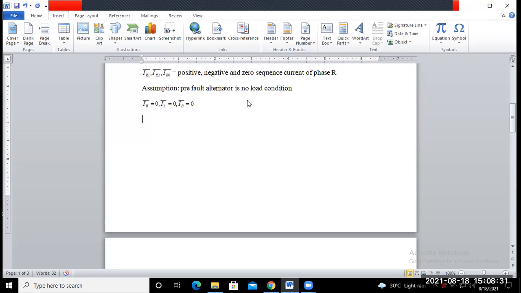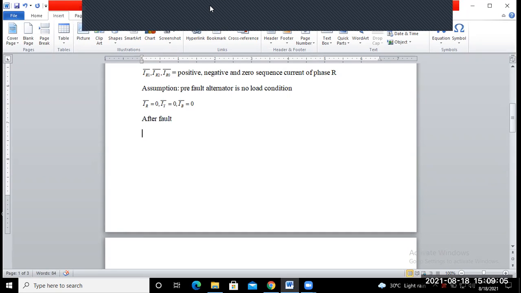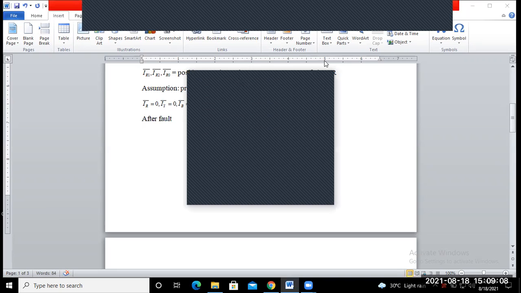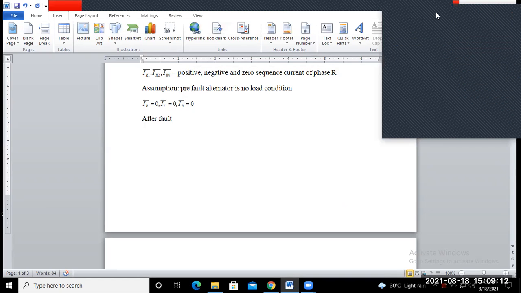After the fault, what is the value of phase voltage R?